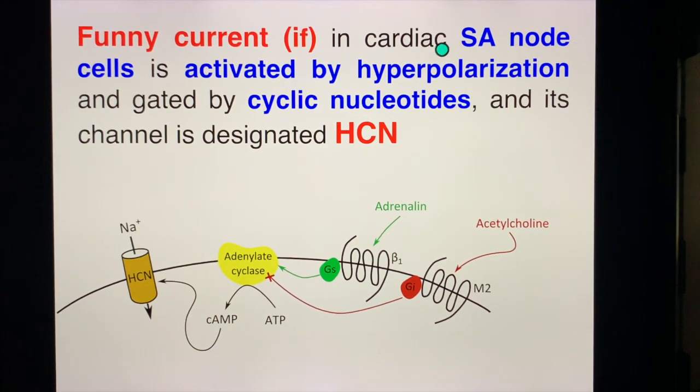It's in the cardiac SA node cells. Now these channels are activated by hyperpolarization, and these channels are gated by your cyclic nucleotides. This funny current channel is designated as HCN. This is the channel you see there, HCN.